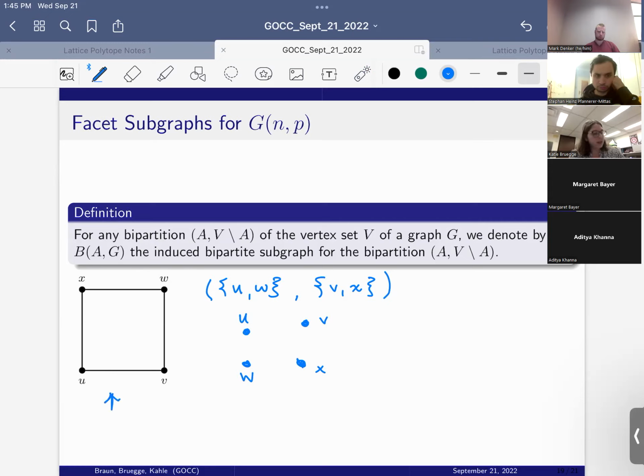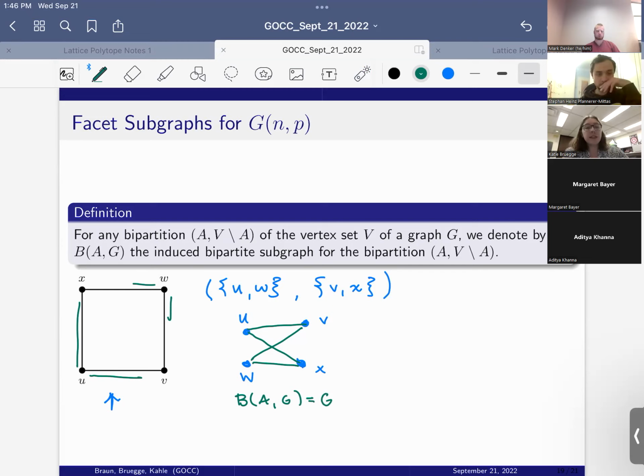Here, U is connected to X and U is connected to V, coming from these 2 edges. And similarly, W is connected to V, W is connected to X, coming from these 2 edges. So the induced bipartite subgraph for this bipartition is just the graph itself. So here, B(A, G) is equal to G.